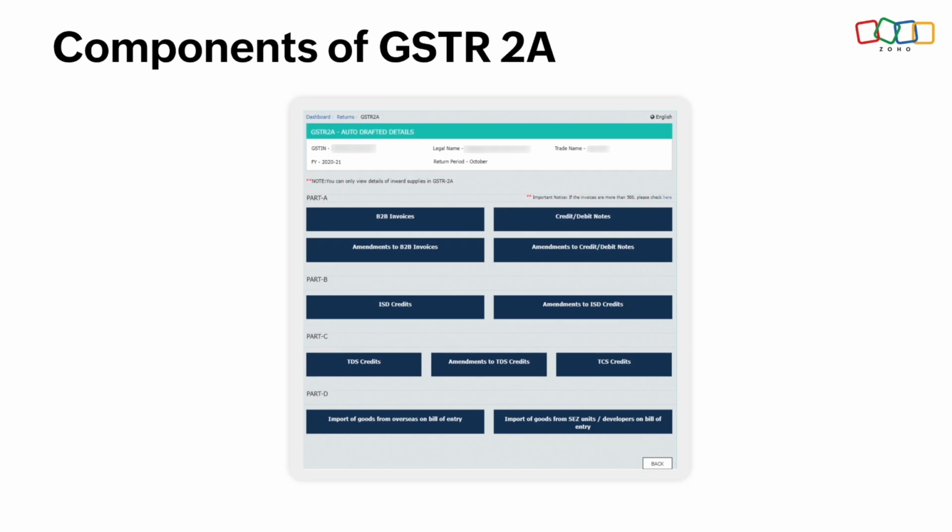So this ISD credit details and the amendments to these credits will be available in the Part B. Part C comprises of your TDS and TCS credits, which is fetched from the GSTR-7 and 8, and any amendments pertaining to it would be listed in Part C. Lastly, in the Part D, the import of your goods, that is whatever transactions you have done with your overseas vendor, will be available in the Part D. Along with that, all the import of goods, whatever you have done from a special economic zone developer or a special economic zone vendor, will be listed in the Part D section. This data is basically fetched from the bill of entry through the IceGate portal of Indian Customs.